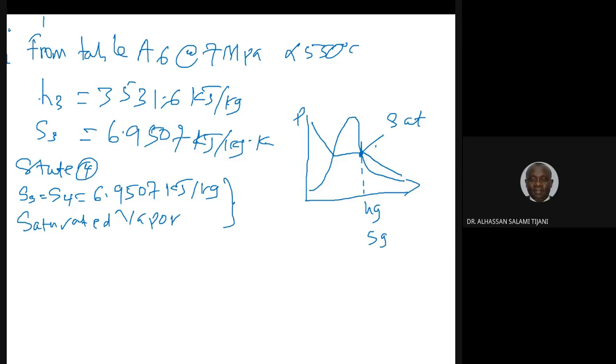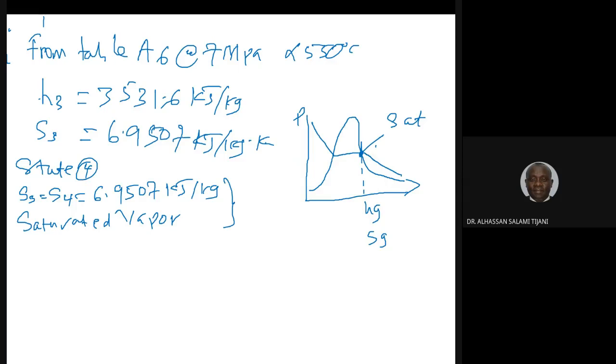So let's say I take 300 to 500. At pressure of 300 to 500, the entropy at a saturated state. Let me just write this thing down for you. So I'm looking for the entropy now.